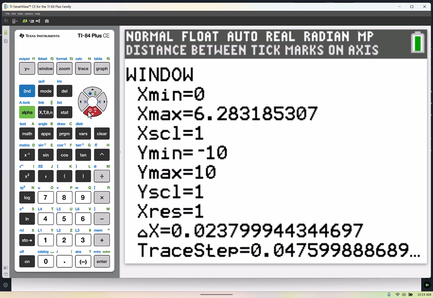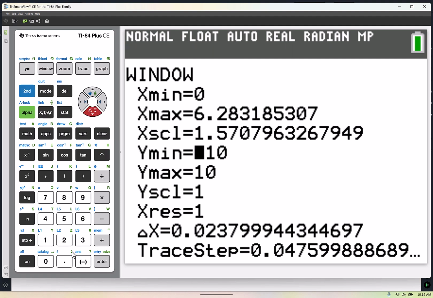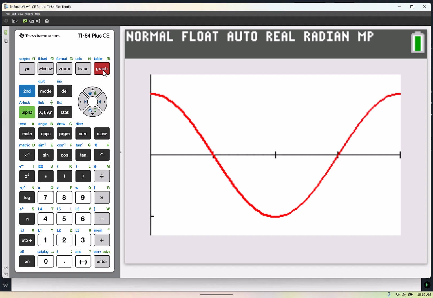X scale, pi over 2. Y min negative 1.3, y max 1.3. Y scale by 1. Okay, that's fine. It's going to go fast, guys, because I've got a computer here. Look at this. Boom, boom. Do you see how the blue and red are the same graph? So that means they're both the same.